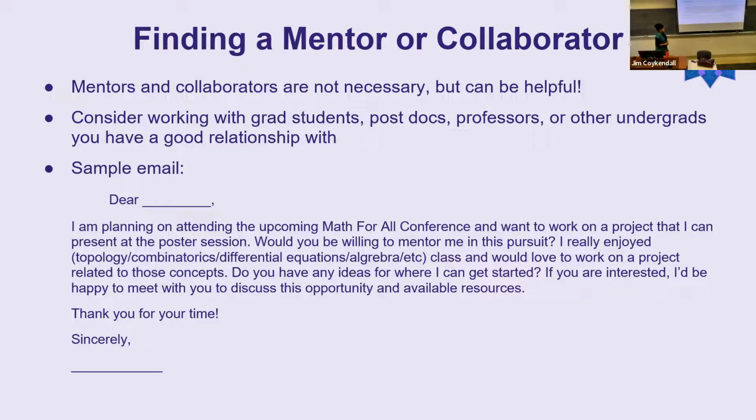These can be graduate students, postdocs, your faculty members, or maybe another undergrad student who did, for instance here, a creative inquiry class with another professor. So they have a good idea of what math research is, and maybe you can work together. You can also pair together with your peers to think about math problems for these types of projects and poster sessions.